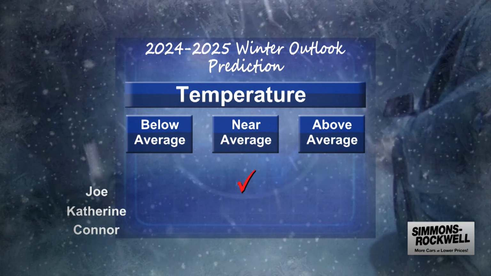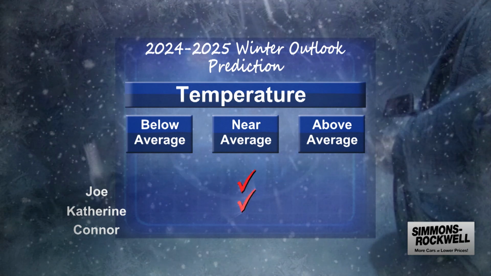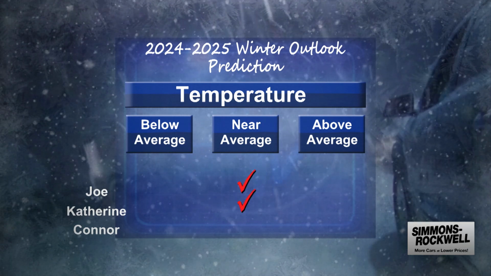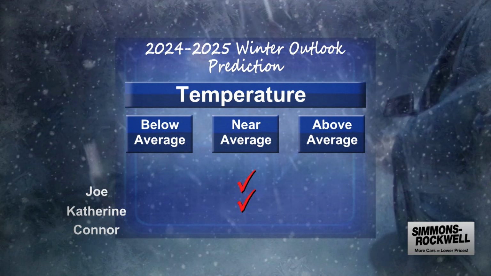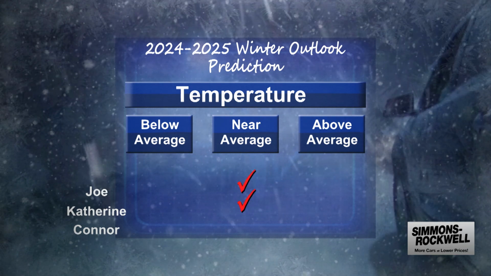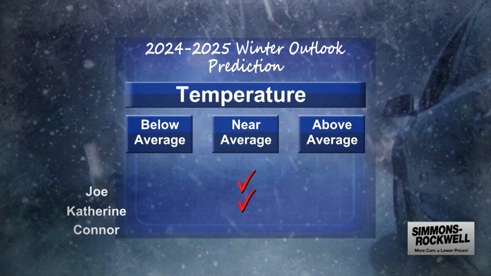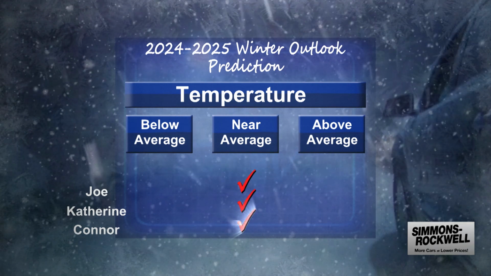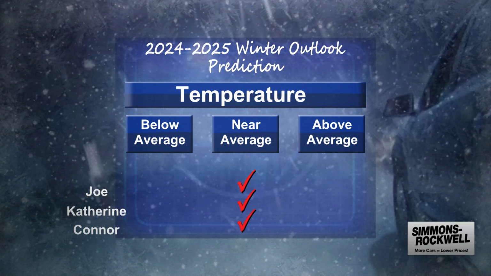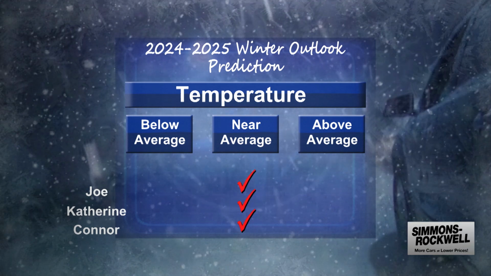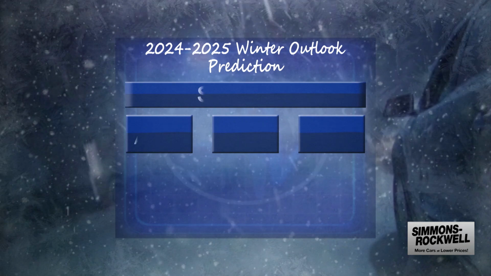And I'm going the same as Joe with a near average temperature average. Like I mentioned, we could see a couple of days where we do get about a degree or even 5 degrees above average, but we could see some colder days. And I'm in agreement with my colleagues here. I feel that we're going to have occasional cold snaps from the north, but also the jet stream could dip a little further to allow some warm air into the region. All right, so all of us going with near average temperatures for the winter months.